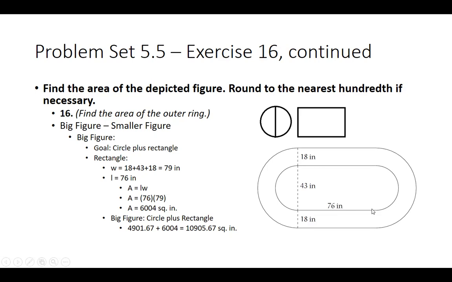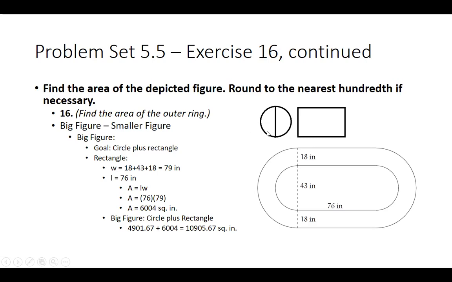And we can see the other length is 76 inches. So area equals length times width. Area is going to be 76 times 79, which gives us 6,004 square inches. So 6,004 square inches is the area of the big rectangle.